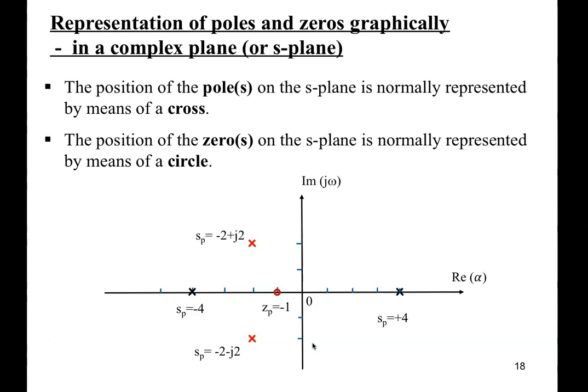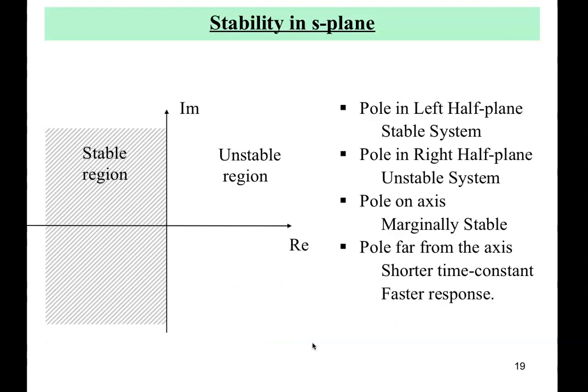Now, the location of the poles is very important because they indicate stability. This diagram shows that if you want a system to be stable, then every single pole needs to be on the left-hand side of the complex plane.